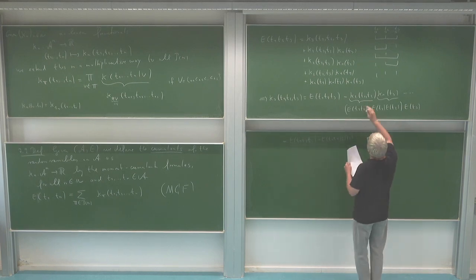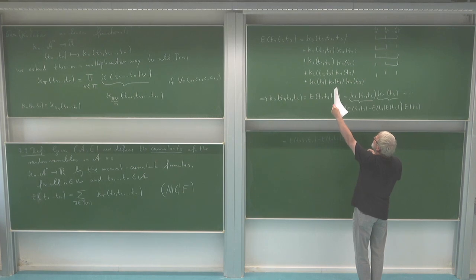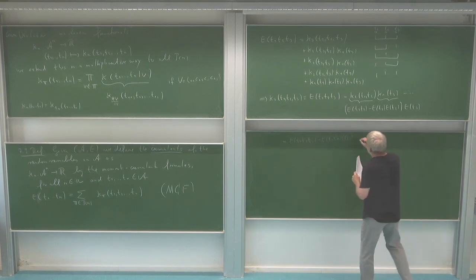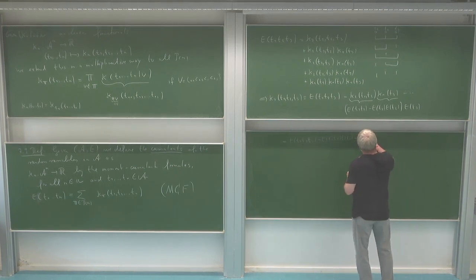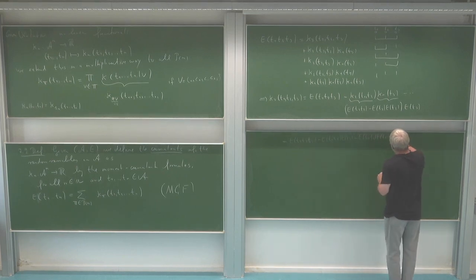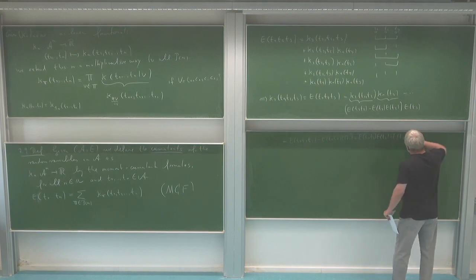And then I get corresponding terms where I take T1 and T3 together, and where I take T2 and T3 together. So minus E of T1, T3 times E of T2, minus E of T2, T3 times E of T1.